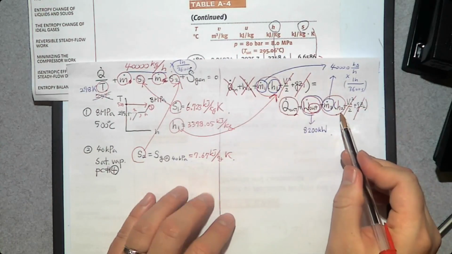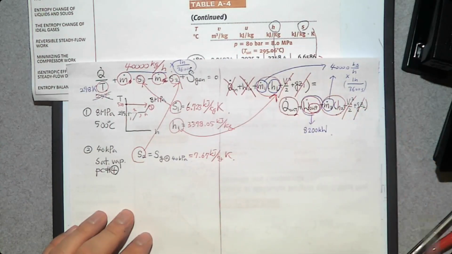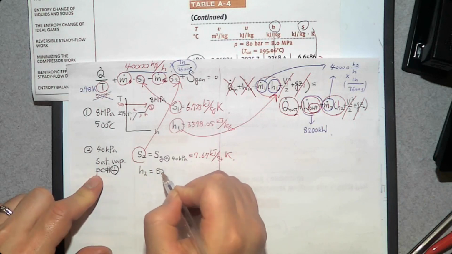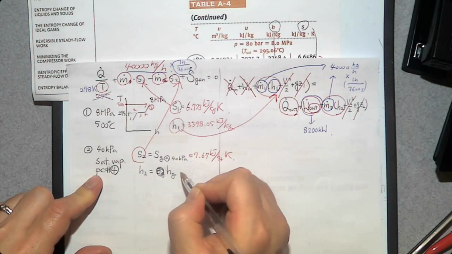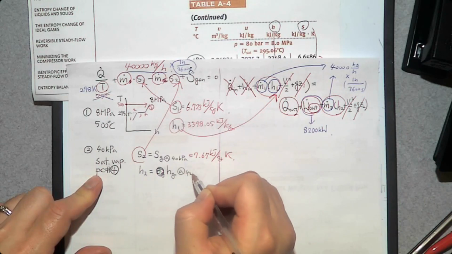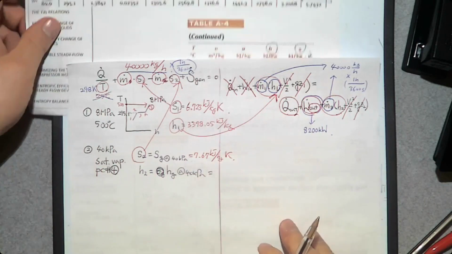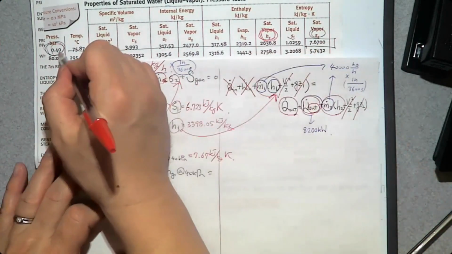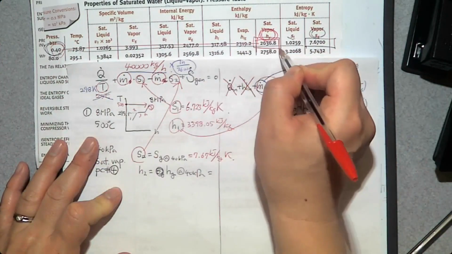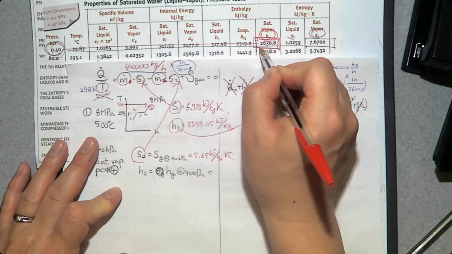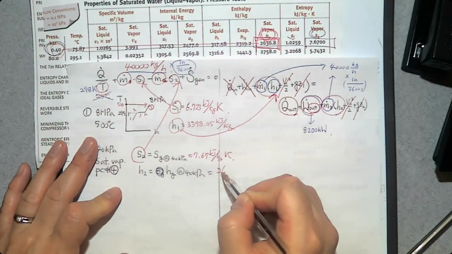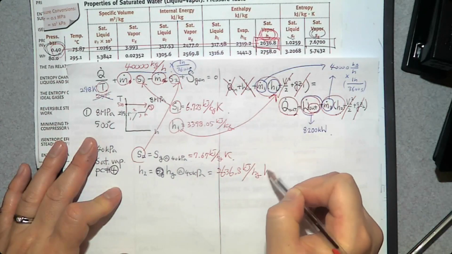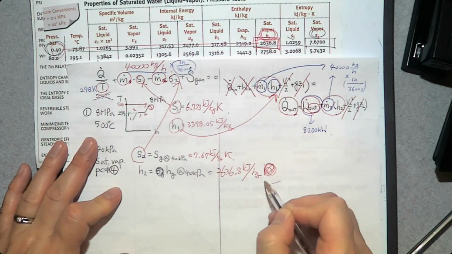What about H2? Can you determine H2? Yes, we know it's a saturated vapor, so Hg at 40 kilopascal. Where is it? Hg at 40 kilopascal, this is the number we are looking for. 2,636.8 kilojoule per kilogram. There's no Kelvin, my bad.